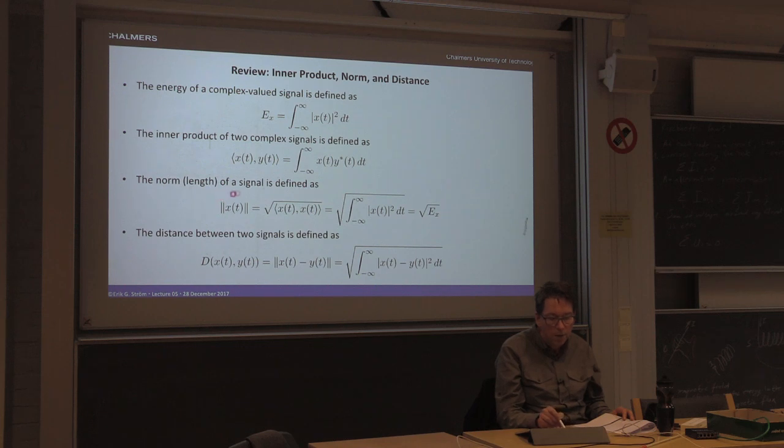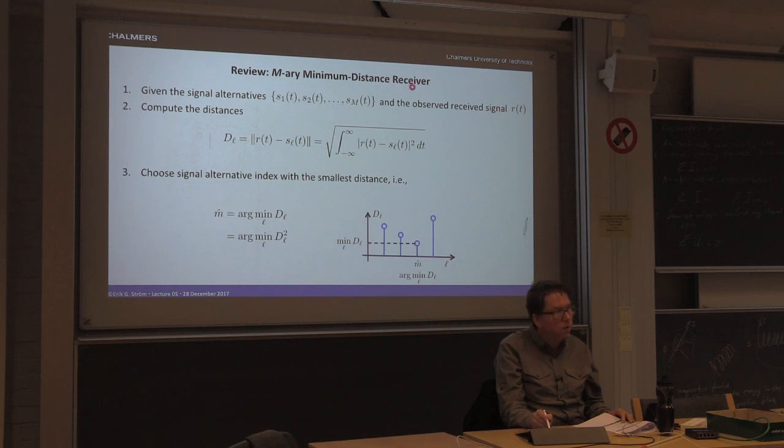The length of a signal is the square root of x inner product with itself, which turns out to be the square root of the energy of x. And the distance between two signals is the square root of the energy of the difference signal. Okay, so we talked about this a few lectures ago.